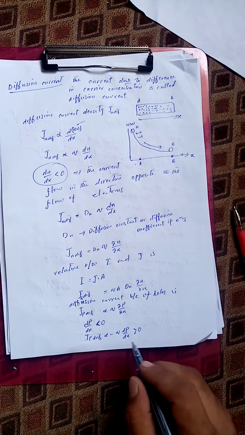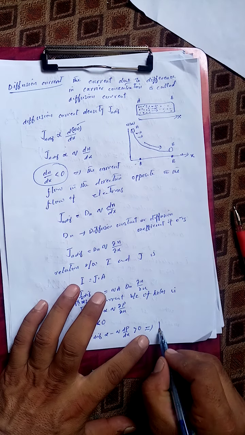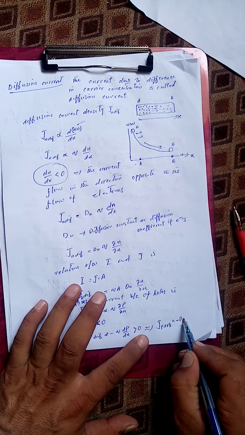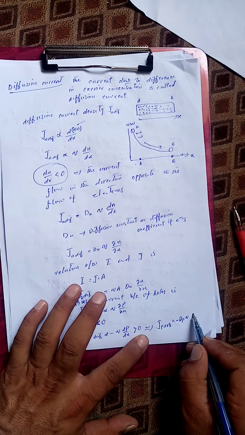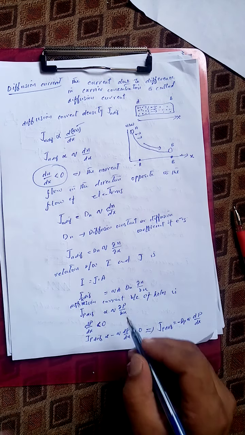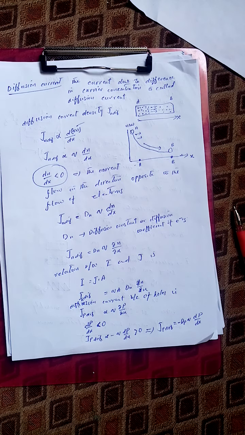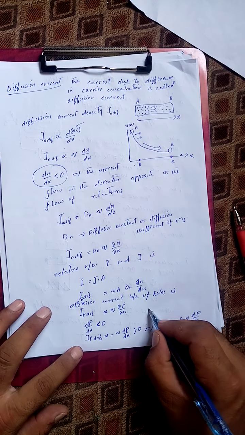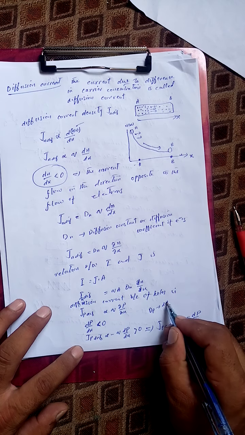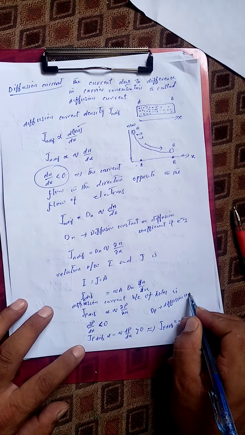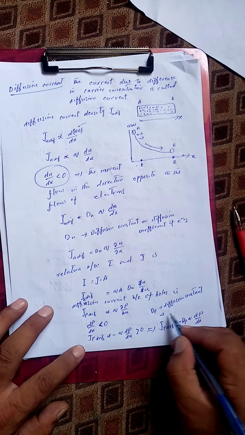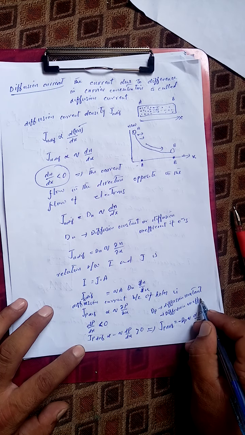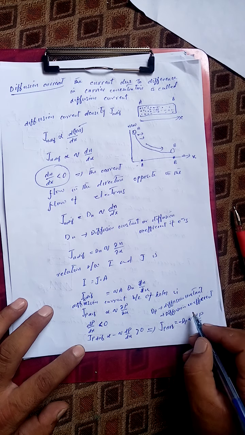Similarly, if we remove the proportionality sign, we put a constant here, so Jp diffusion will be equal to minus Dp q dp over dx, where Dp is the diffusion constant or diffusion coefficient of holes.